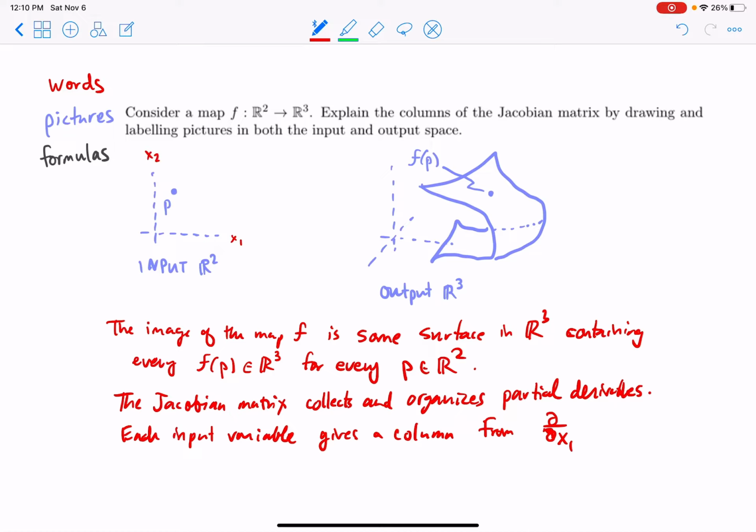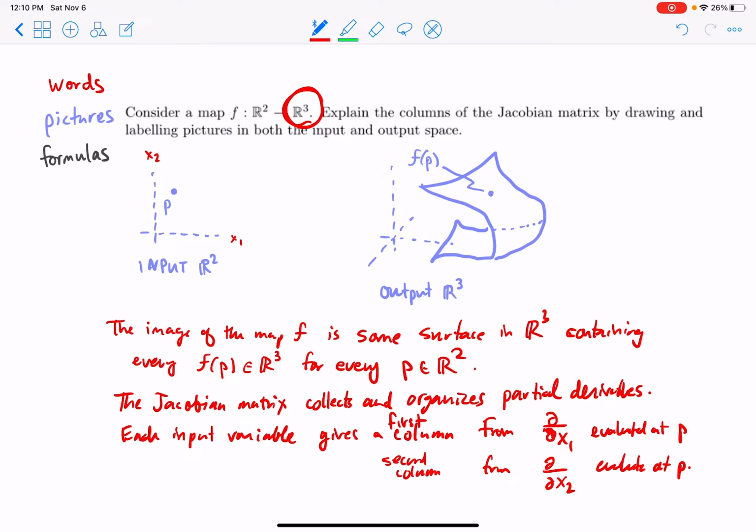And then the first column comes from the partial with respect to x1 evaluated at P, and a second column from the partial with respect to x2 evaluated at P. And these need to be columns, so in the output space, there's going to be three formulas.